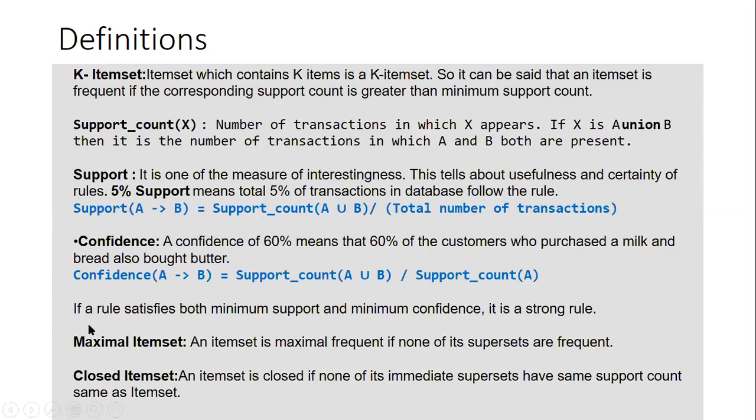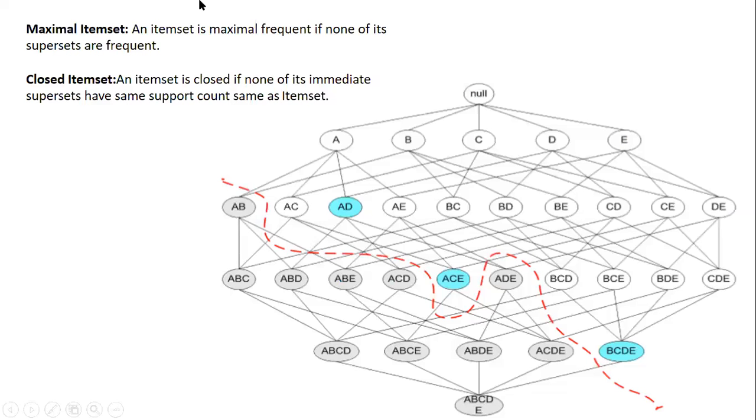And we came across in the last class two more definitions, that is maximal item set and the closed item set. What is a maximal item set? With an example we discussed, if you consider a red dashed line, it is dividing the item lattice set into two parts.